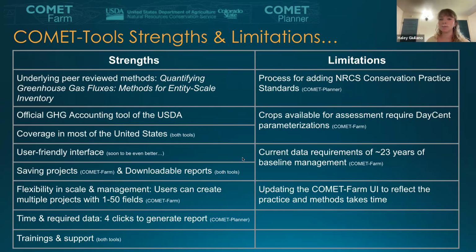The COMET Planner data set is public and updated about on an annual scale, every year there have been updates. And when that is updated, whoever downloads the COMET Planner data set will receive an email saying, hey, there's a new updated data set, maybe it's time to download again.